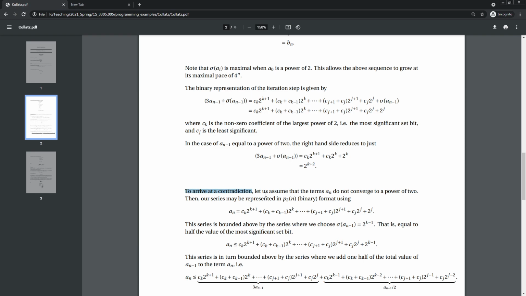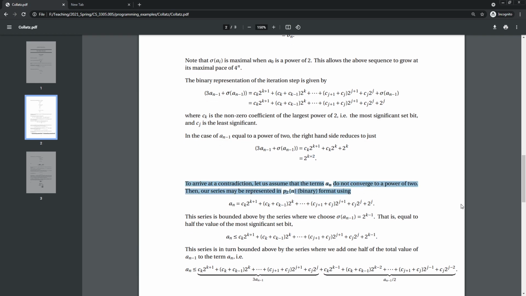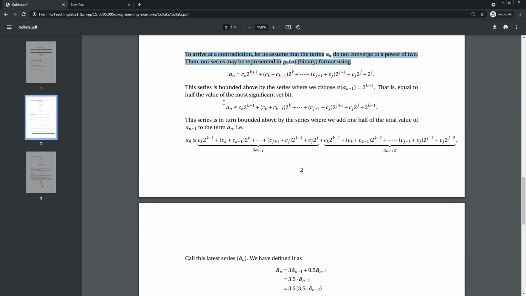Okay. So to arrive at the contradiction, which proves the result that we're trying to demonstrate, let's assume that they don't converge, that there is some counterexample, some other non-trivial loop, which doesn't converge to a power of 2. Once we converge to a power of 2, the Collatz sequence would just have us divide by 2 until we get all the way back to 1.